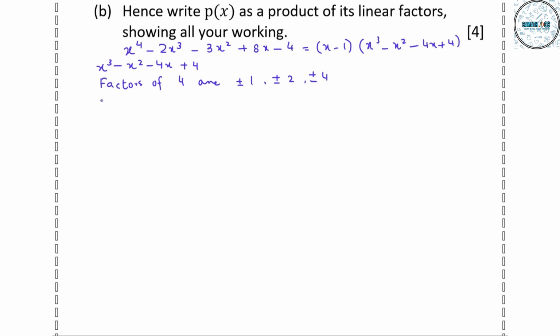First of all, we will check with 1. When we substitute 1 in this, we will get 0. So it means that x is equal to 1, and x minus 1 is the first factor.